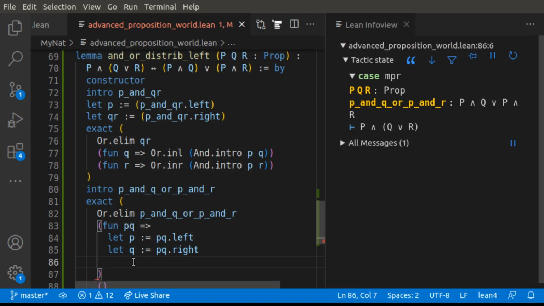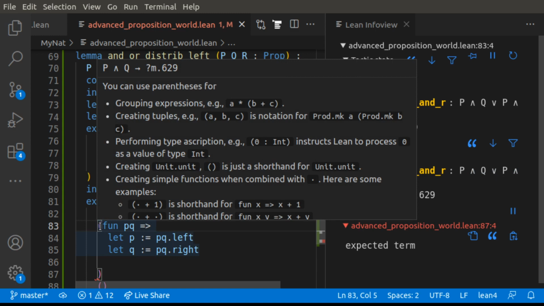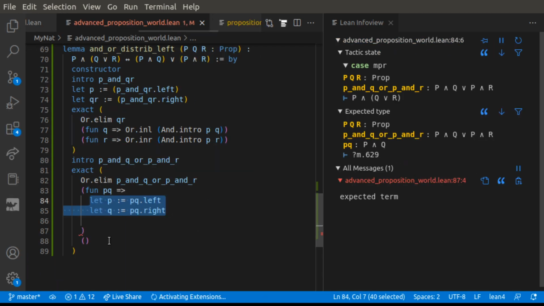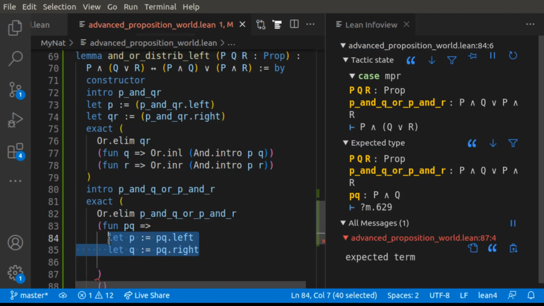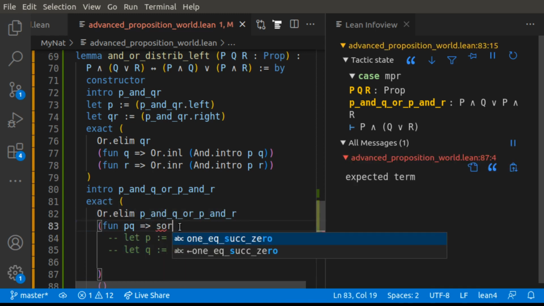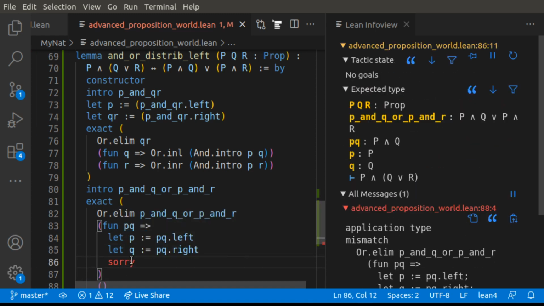Nice. Our goal is to prove, I don't know if we can have all these lets and here's. I guess I'll just put a sorry. Okay, no, that's actually fine. Cool.